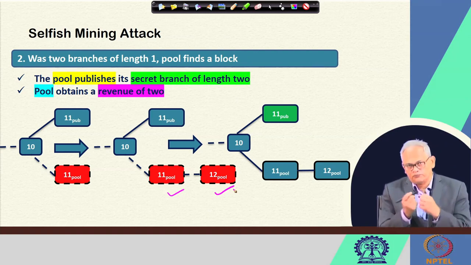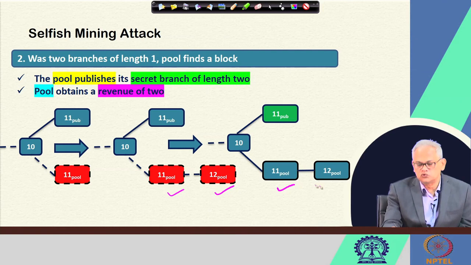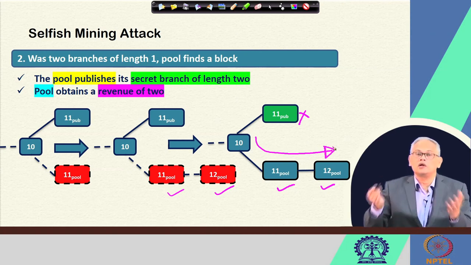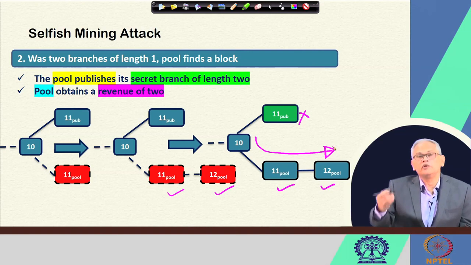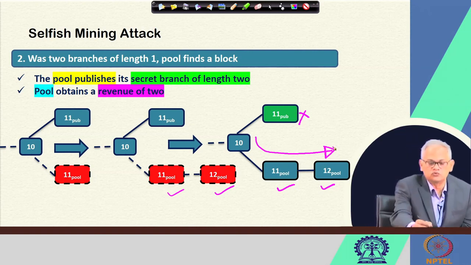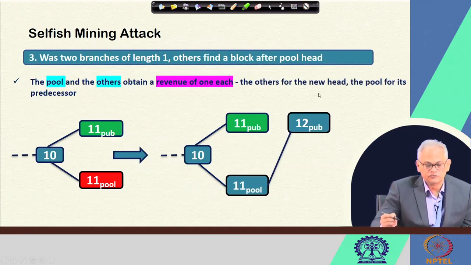So, in order to get that revenue, it publishes these 2, negating the effect of 11 pub, and this becomes the longest chain. And mind it, everybody now knows about this chain, so everybody will now be trying to add blocks after this 12 pool. That is what is going to happen at this stage.